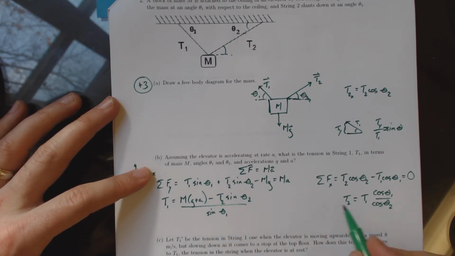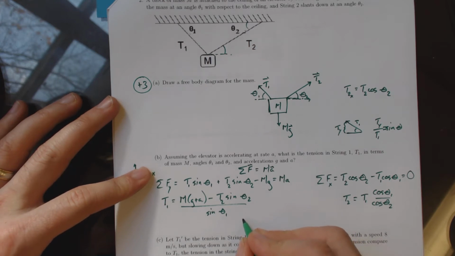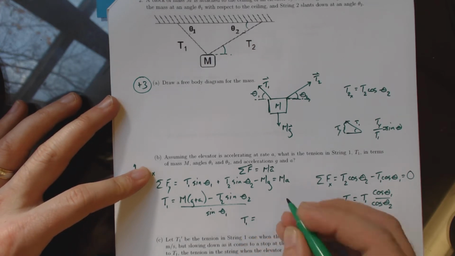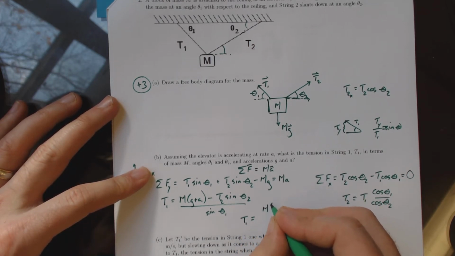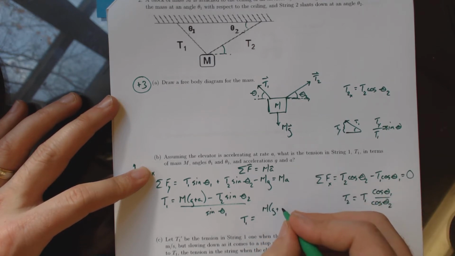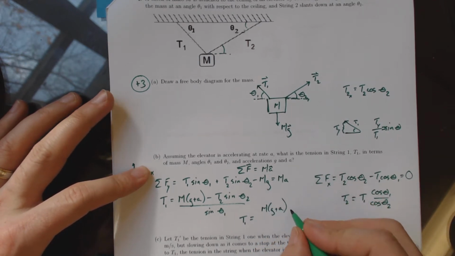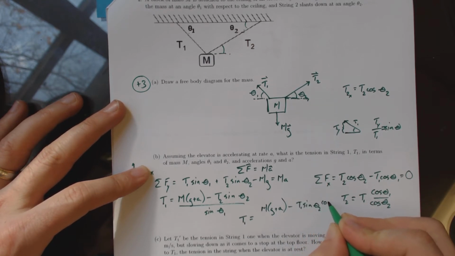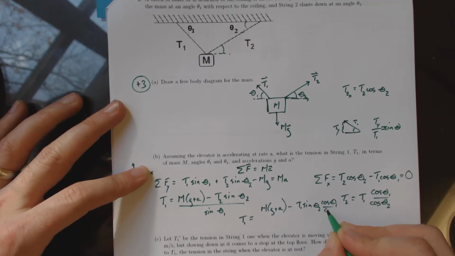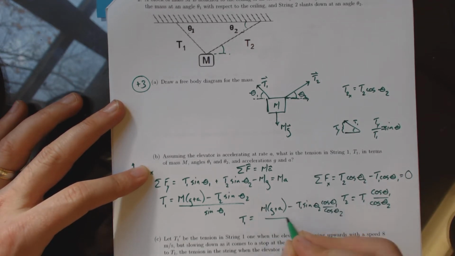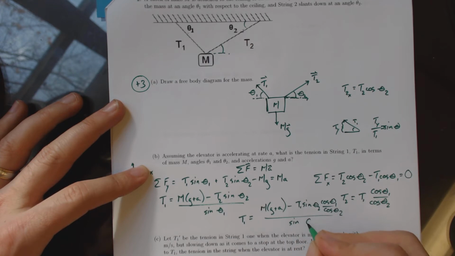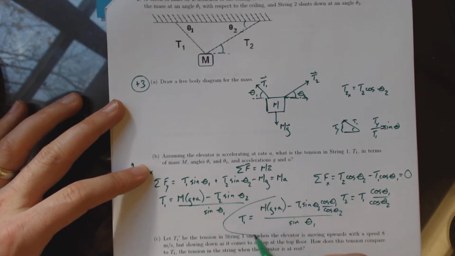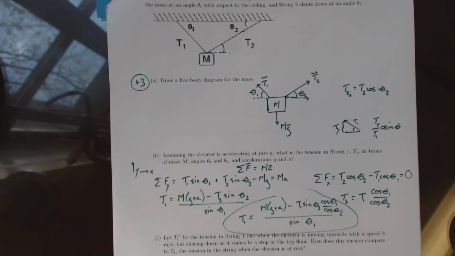And now I plug in this for t2. So I get t1 is equal to m times g plus a minus t1 sine theta 2 cosine theta 1 over cosine theta 2, all over sine theta 1. Okay.